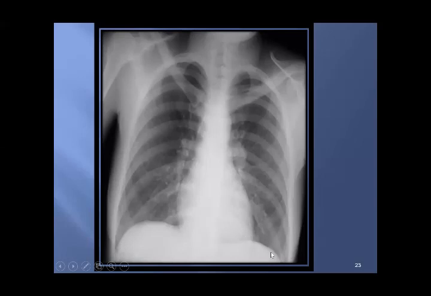The right side is always above the left side because of the presence of the liver. Then this is the shadow of the heart. Usually 1/3 of the heart is on the right side and 2/3 is on the left side of a line drawn in the center of the chest. So this is a normal heart shadow.